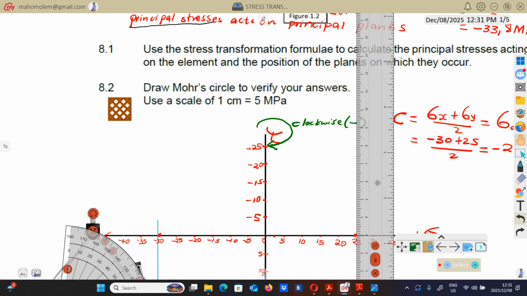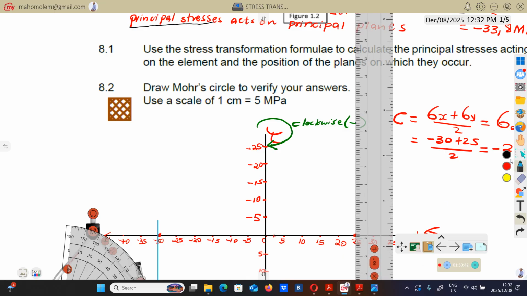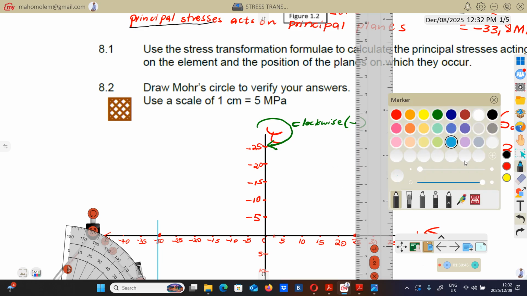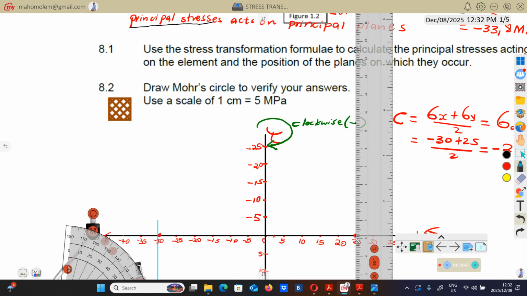So let's start with this 25 and negative 15.